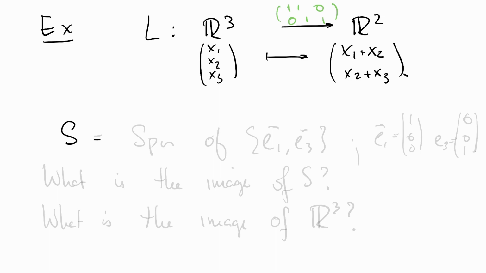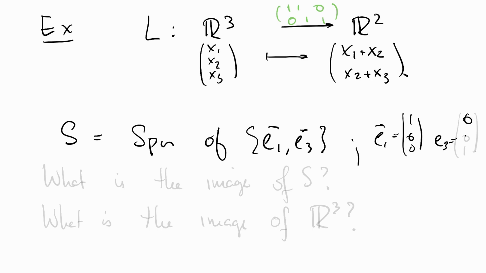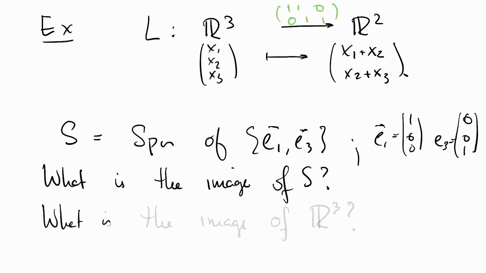Say S is going to be the span of E1, E3, where recall E1 is (1, 0, 0), and E3 is (0, 0, 1). What is the image of S? And what is the image of R3?